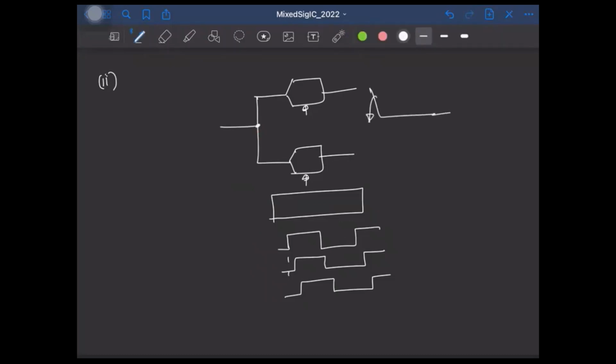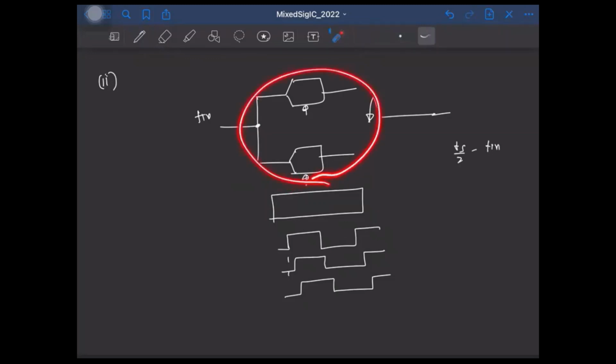So I look at the output here, I'll apply a signal at Fin. So due to this timing offset skew, I'll have a tone at Fs by 2 minus Fin. Okay, so if this has only timing skew error, then the tone at Fs by 2 minus Fin will arise only due to this.